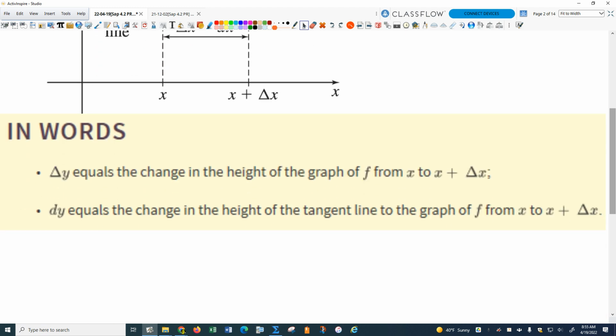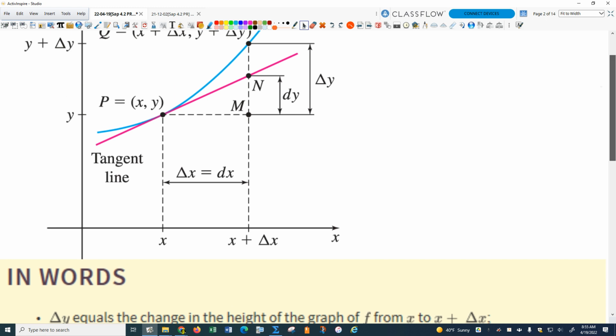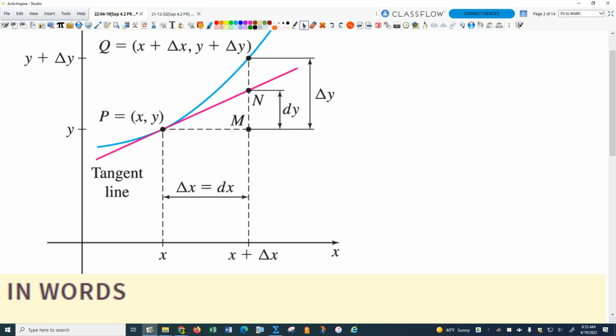So in words, delta y on this picture is equal to the actual change in the function, right? If you look along this blue curve, if I'm starting at some point x and I move to the right by some amount delta x, or I could even call it dx, the function is going to change by some fixed amount. We could approximate that by the differential dy.